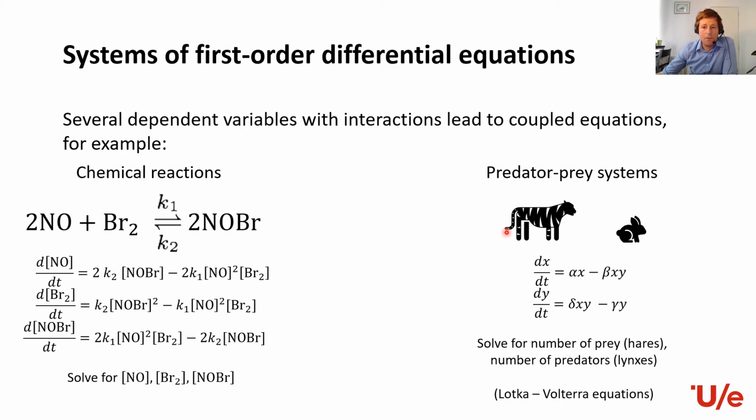But then the amount of prey will obviously decline as more and more predators start eating the prey, which also has an inverse feedback effect on the amount of predators. So this is a complex and non-linear coupling between the amount of predators and the amount of prey that you have in a certain population. And this is a highly nonlinear coupled system as well.